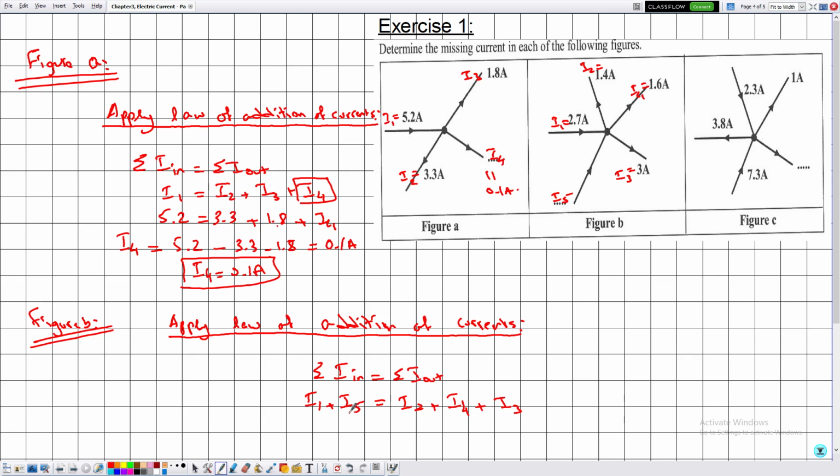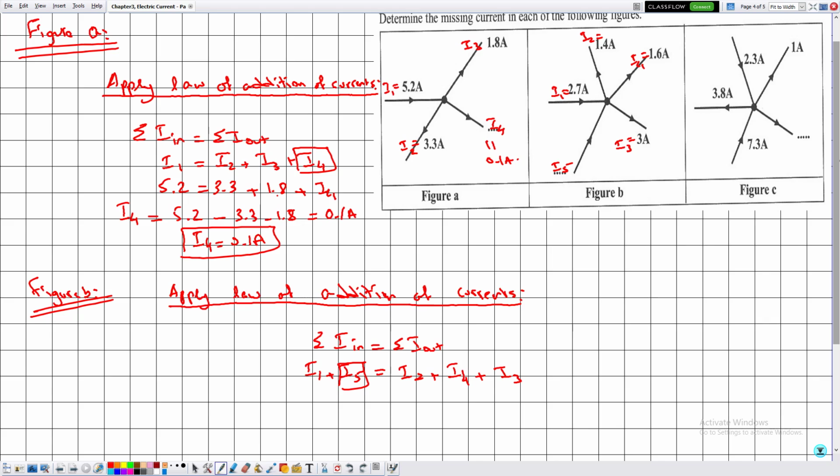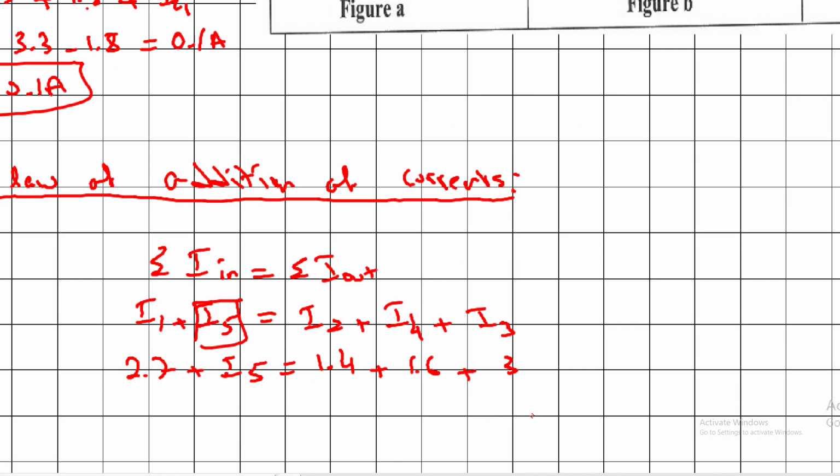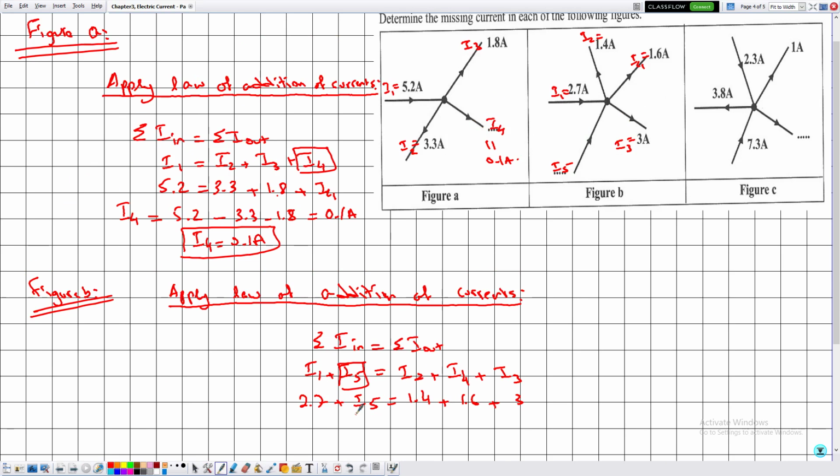We are interested in determining the value of I5. In this case, I1 is 2.7, I5 is kept as a variable, I2 is 1.4, I4 is 1.6, and I3 is 3. What's the type of this equation? This is a linear equation with one unknown, I5. How do we solve it?